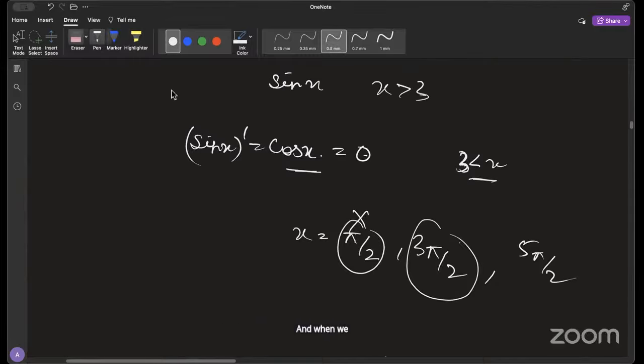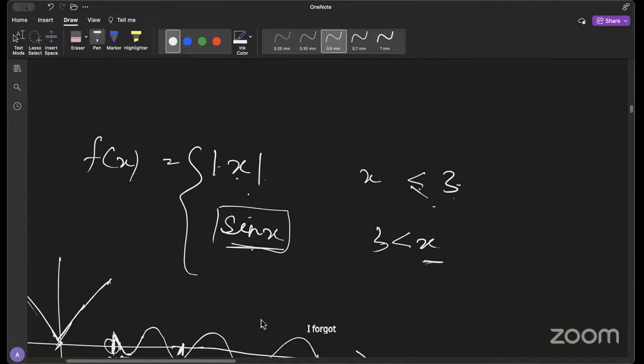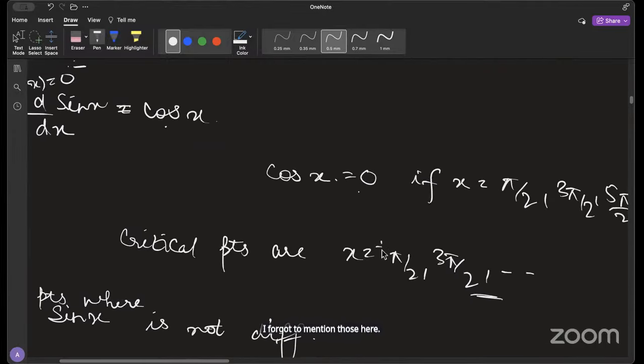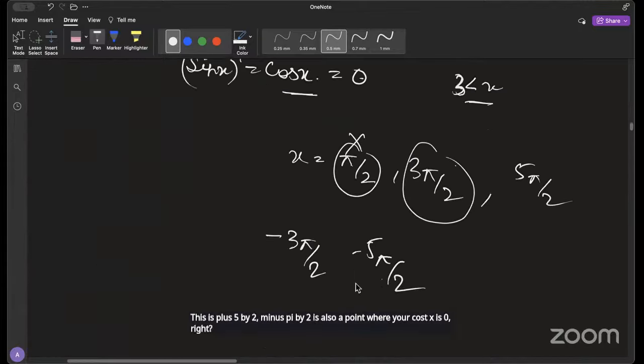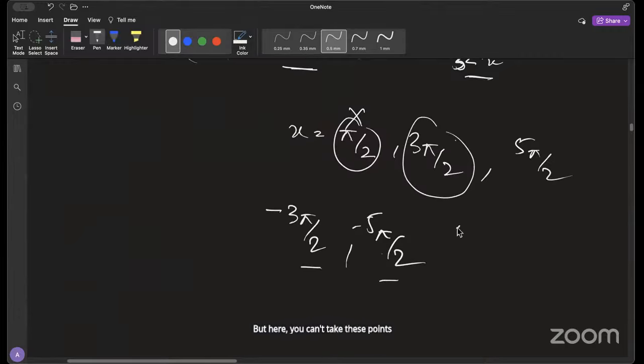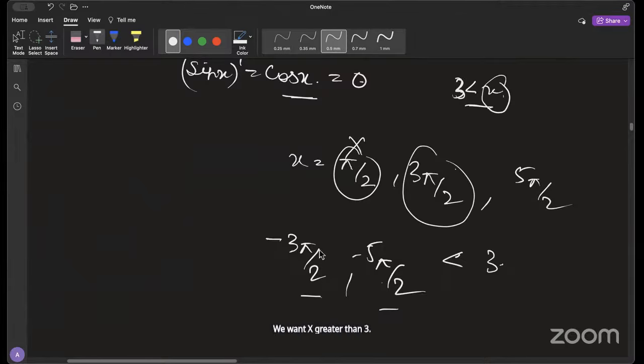When we take the odd multiples of pi by 2, we also take minus 3 pi by 2, minus 5 pi by 2, plus, minus. Minus pi by 2 is also a point where your cos x is 0, right? But you can't take these points for the same reason: we want x greater than 3, and these are negative numbers, obviously less than 3.